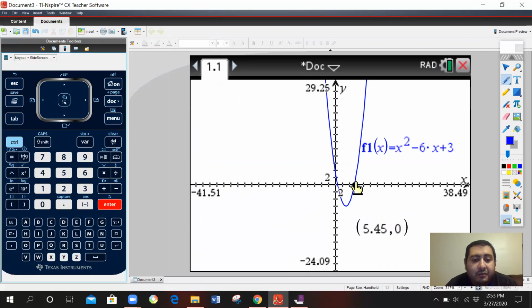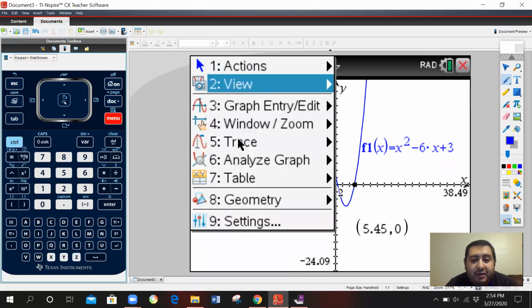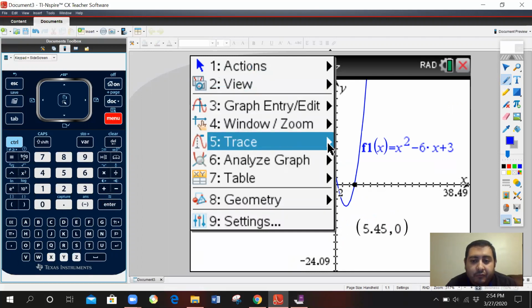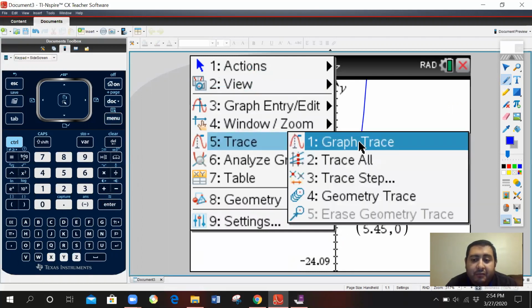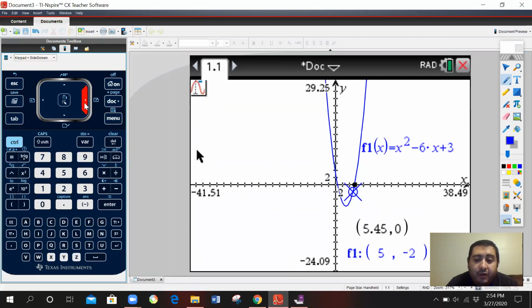Let's find the zeros. Menu, let's try the trace option now. Graph trace. Let's move the spider. It's a location at 5.45.